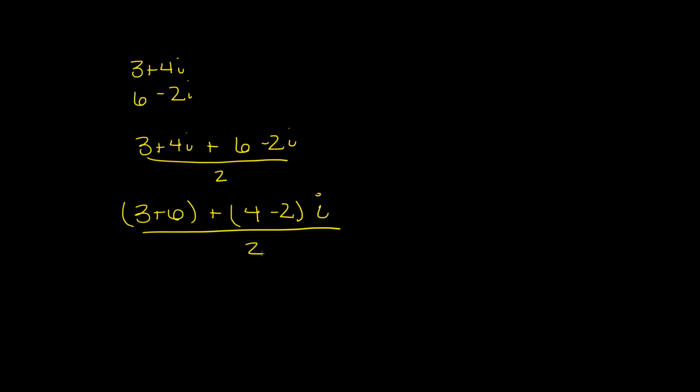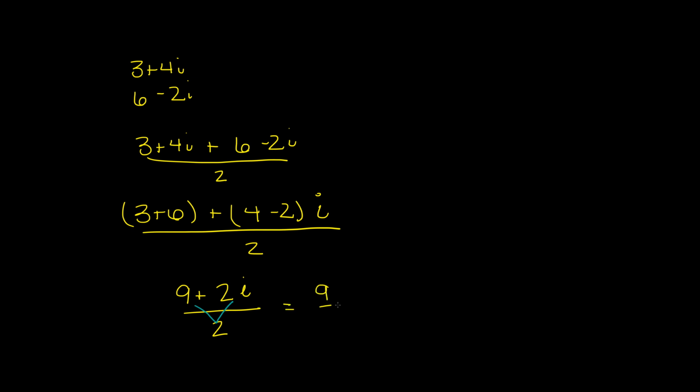All I'm doing is combining the coefficients. So now what I'm looking at is 9 plus 2i divided by 2. Again, you're dividing each term by 2.